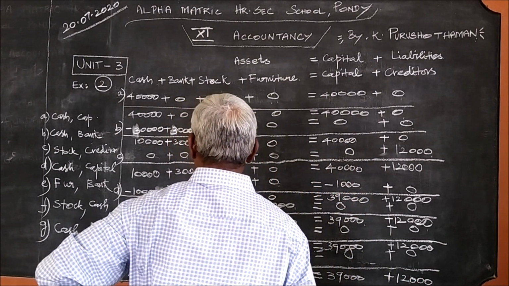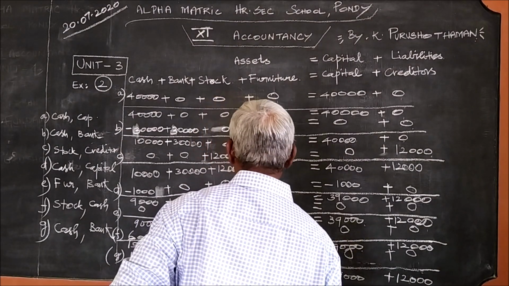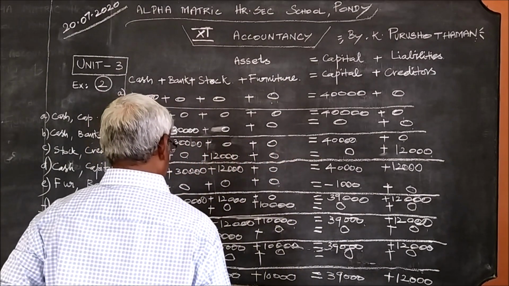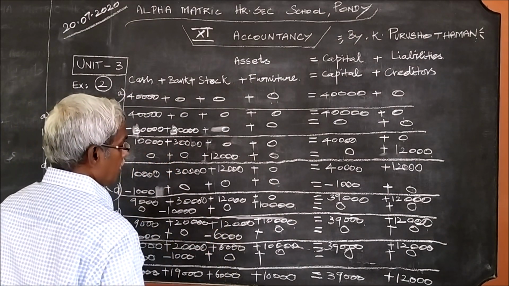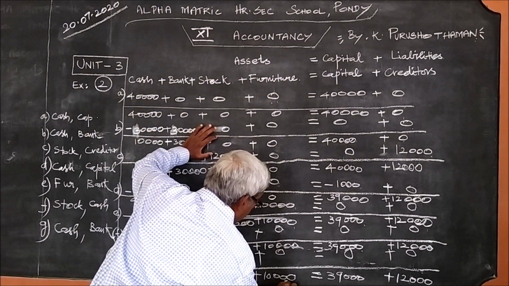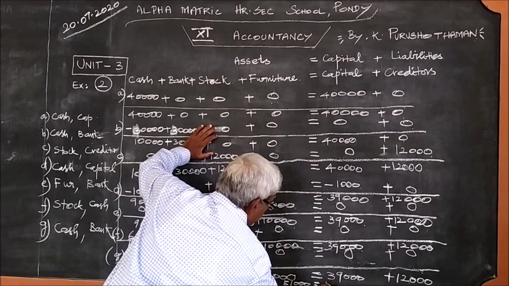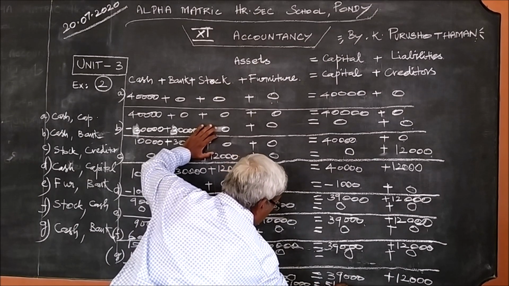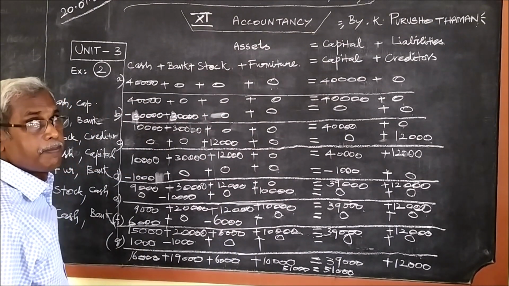You can add now and find right hand side 51,000, left hand side 35, 41, 51,000. So left hand side 51,000, right hand side 51,000. So the accounting equation is correct.